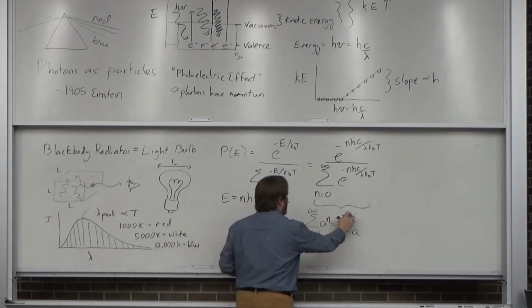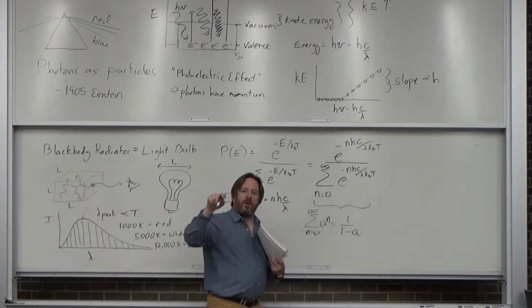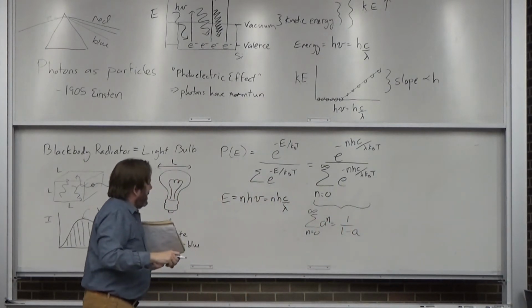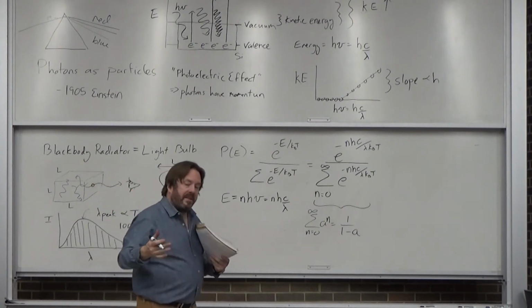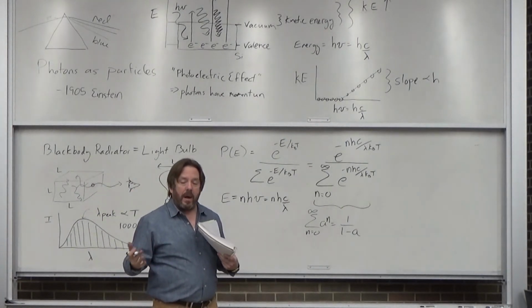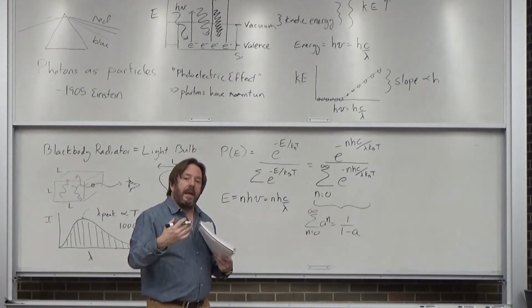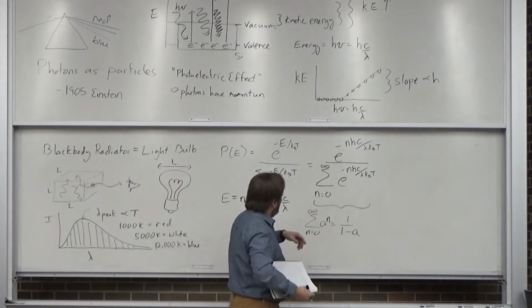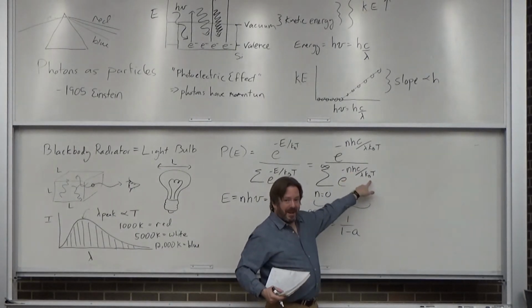So that doesn't look so bad, right? Anyway, okay, so there we go. All right, now, as always, you just have to identify what's what with the identity and then apply it to your problem. Here it looks like A, of course, is hc over lambda kBT.